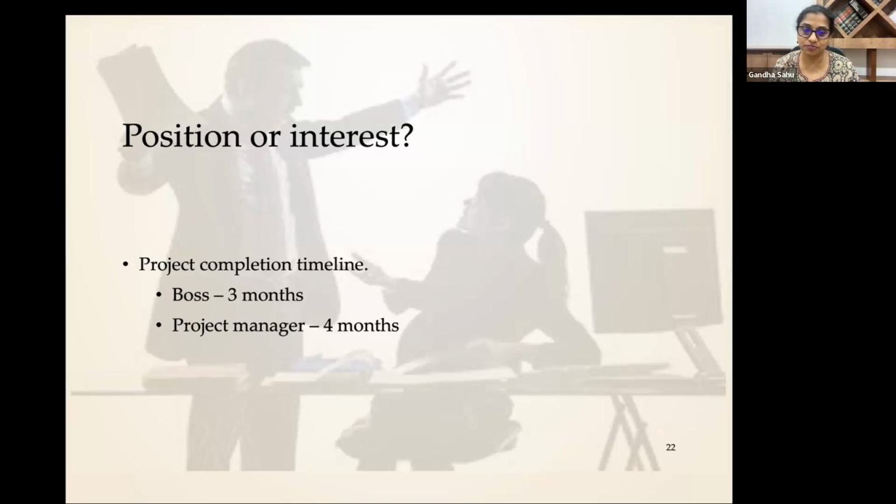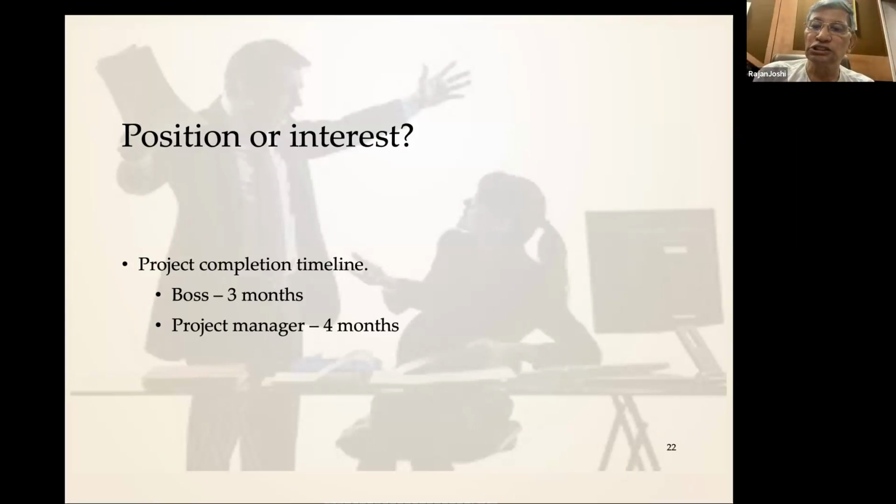Yes? As far as position is concerned, it can be broadly said that it is what a person desires or what he thinks he deserves to get, or his wishful thinking about what he is expected to get. But interest is the actual workout that, okay, this is what will be sufficient for the purpose of getting satisfied.